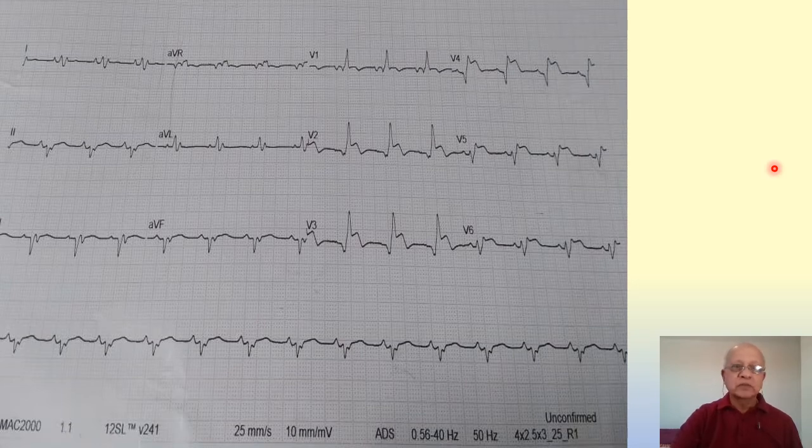Now the last question was, what management you would have adopted now? Of course, in a hyperacute myocardial infarction, especially with an old inferior wall infarction also, I would advise an immediate coronary angiography with appropriate angioplasty if possible.